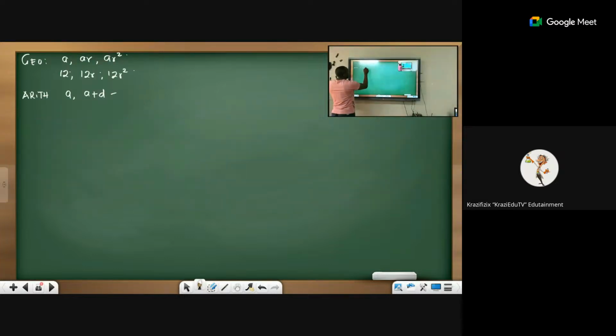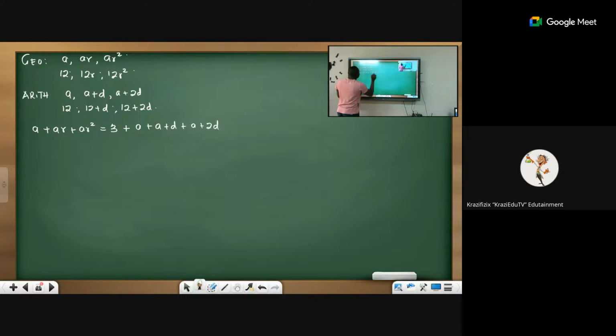Let me do the third one because they gave us something about the third. But what is this? 12 plus D, 12 plus 2D. Then they said the first three terms of the geo is 3 more than that of the arithmetic. First, second, and third.